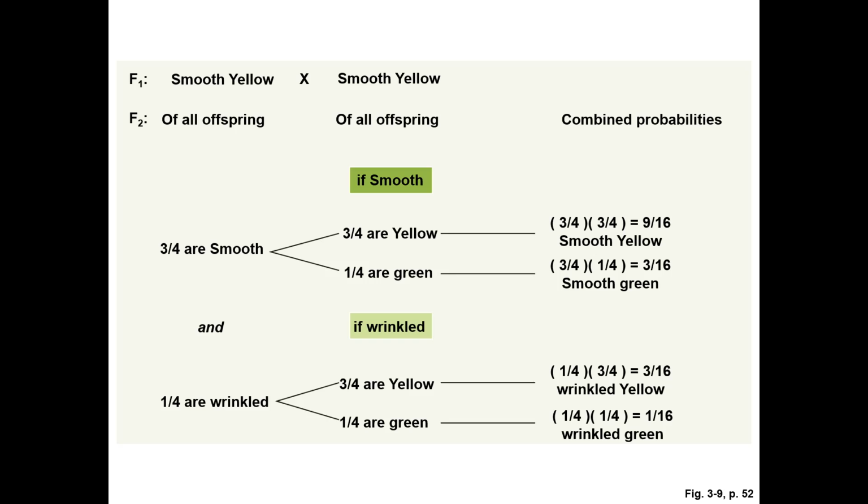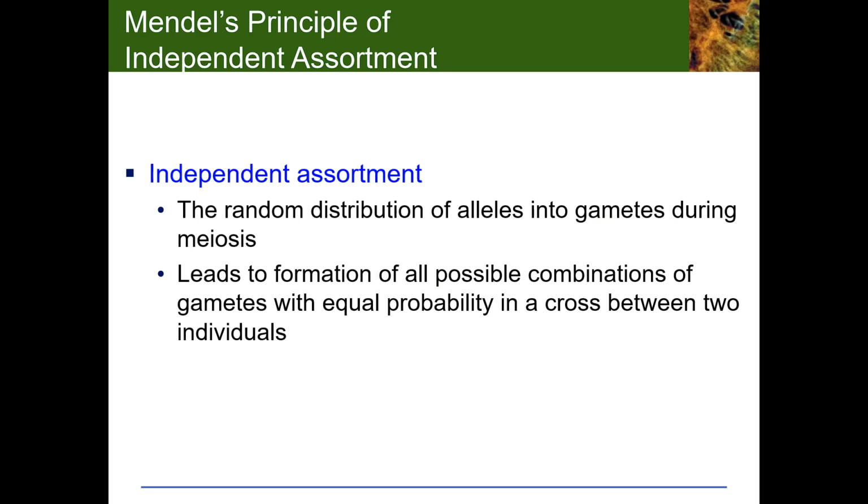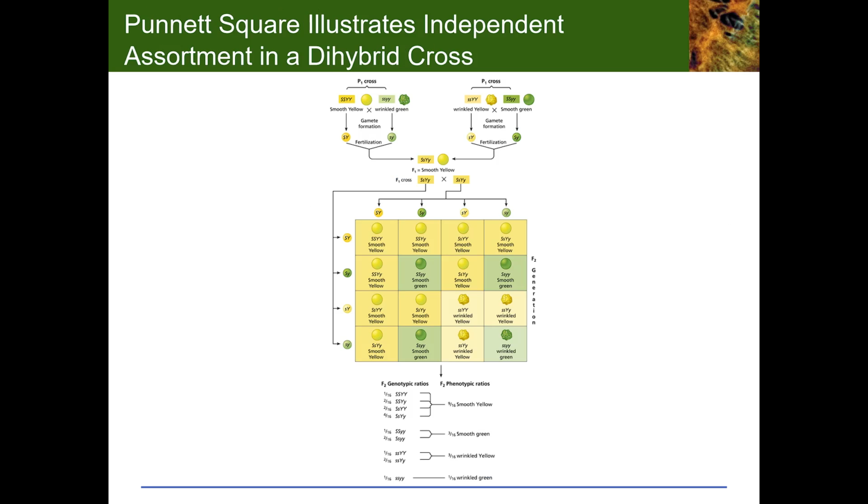So what this shows is that all of the offspring are independently assorted, that yellow and green can work independently of each other as well as smooth and wrinkled. So this is called the law of independent assortment, which is the random distribution of alleles into gametes during meiosis. This leads to the formation of all possible combinations of gametes with equal probability in a cross between two individuals.